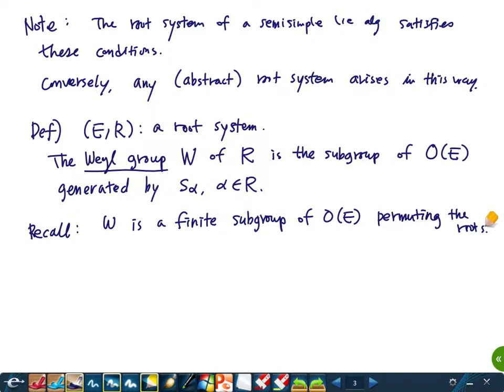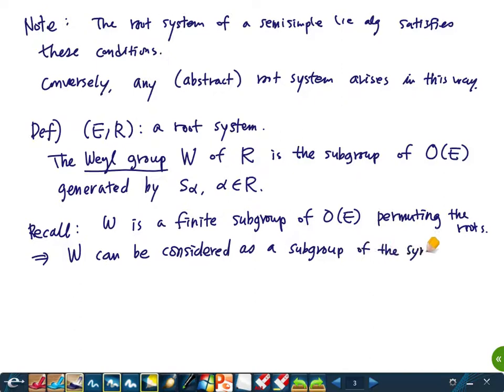In fact, it lives inside the permutation group of the roots, which is finite. So W can be considered as a subgroup of the symmetric group of R, that means the permutation group, if you want.